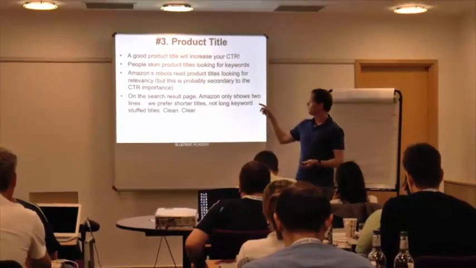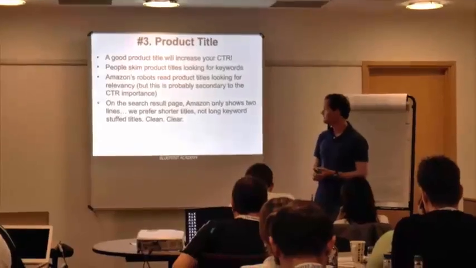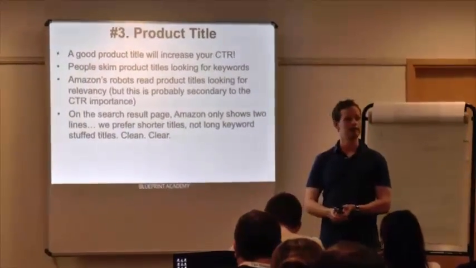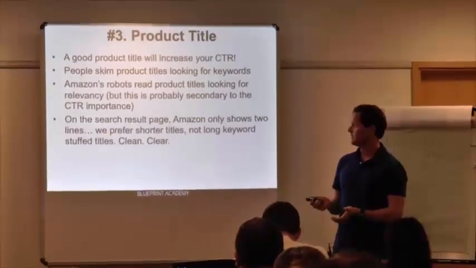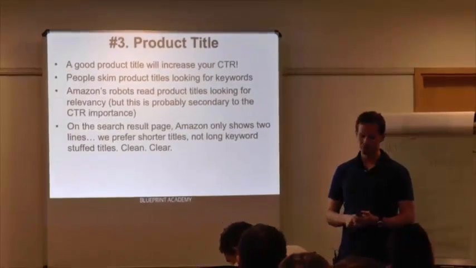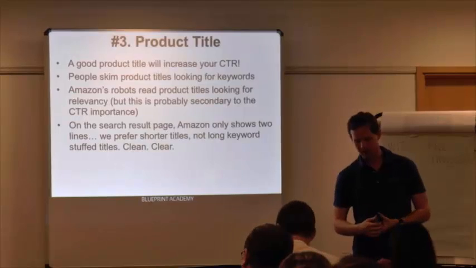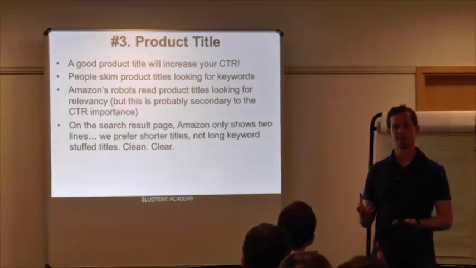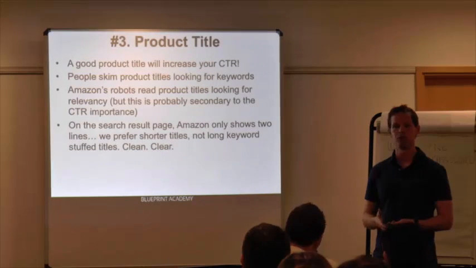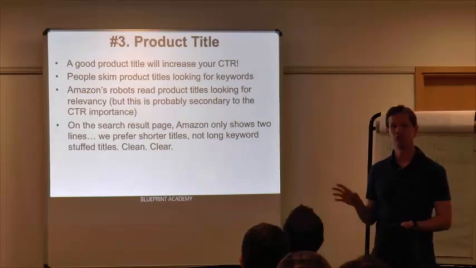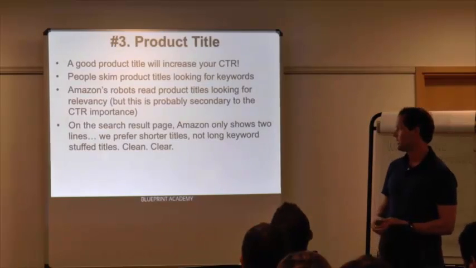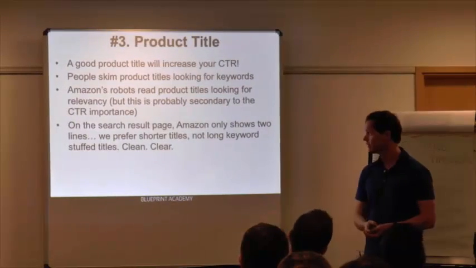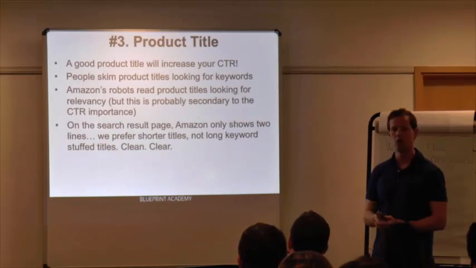Amazon's robots do read product titles looking for relevancy, but this is probably secondary to the click-through rate importance. What we see all the time, and we'll talk more about this, is Amazon marketers like us oftentimes write their listings and their product titles for the Amazon robots, but it's humans that are searching. And writing for the humans is how you get a much better result. So keep that in mind.